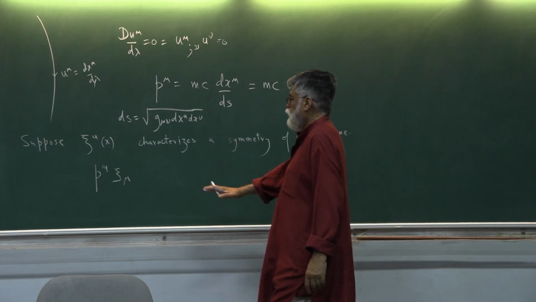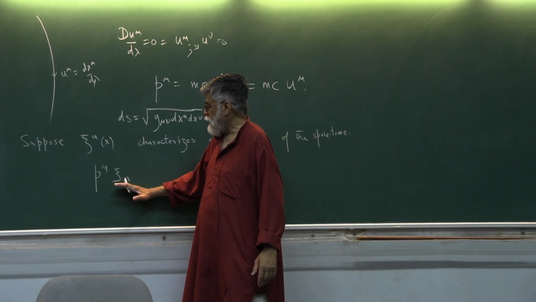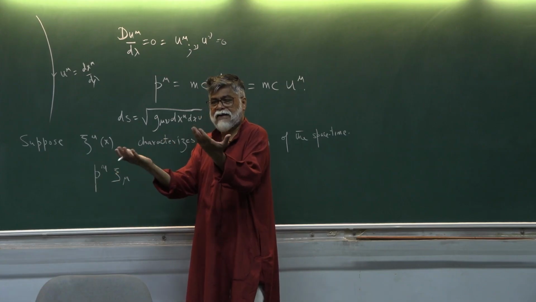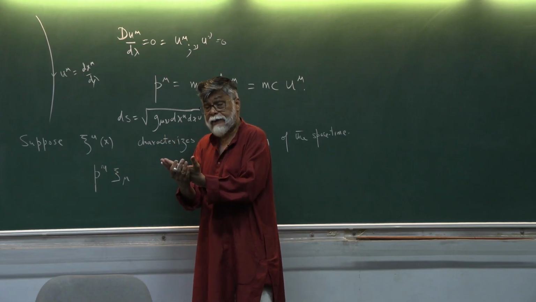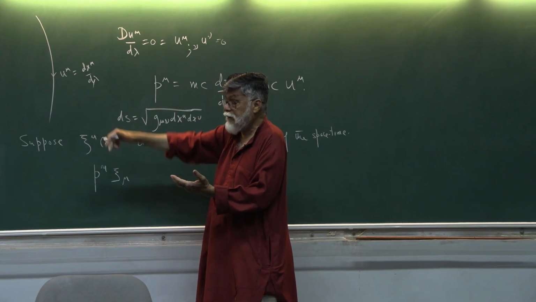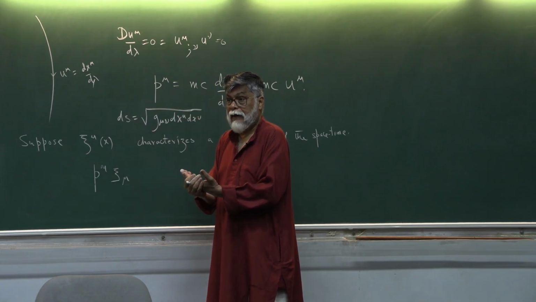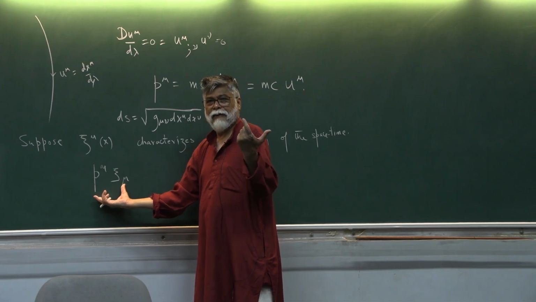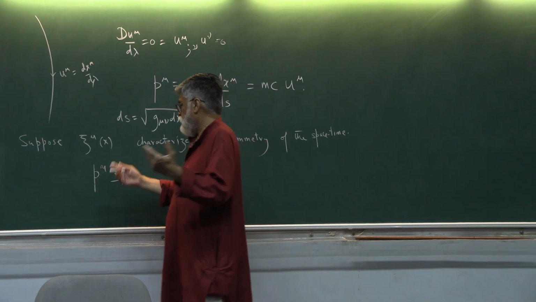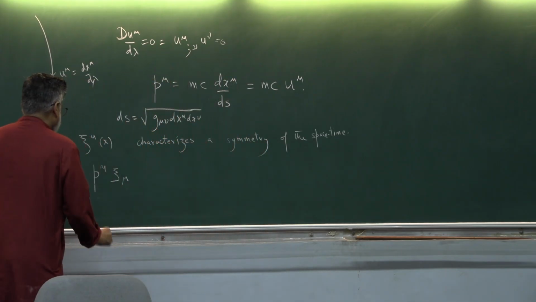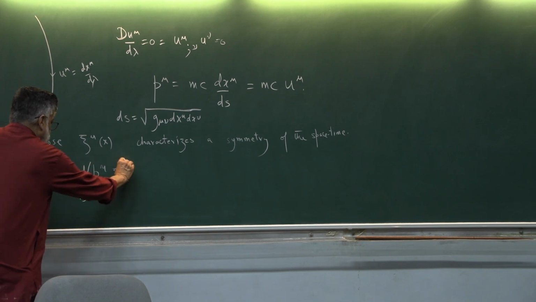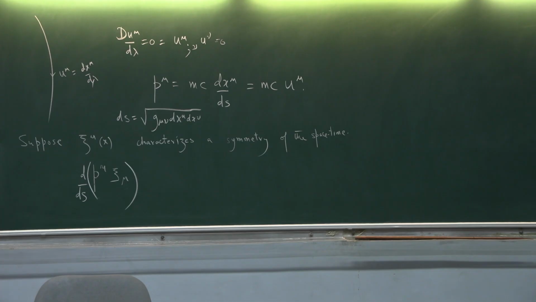So you can contract the Killing vector with p^μ. It's a number, it's a scalar field. And ask, as the particle is freely falling along the trajectory, what is happening to this scalar quantity? How is it changing? You take d/ds of this quantity.